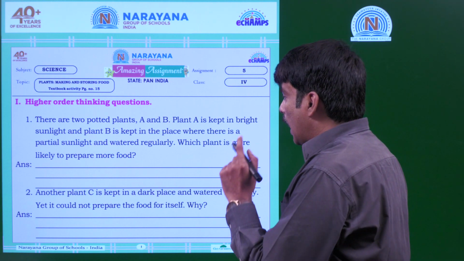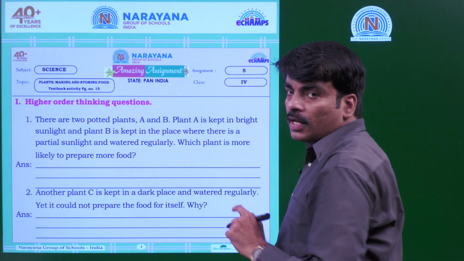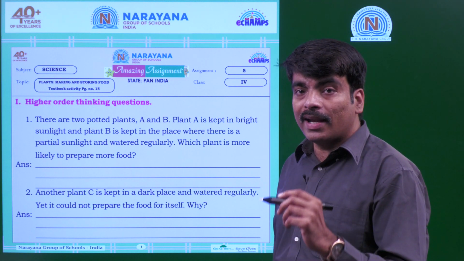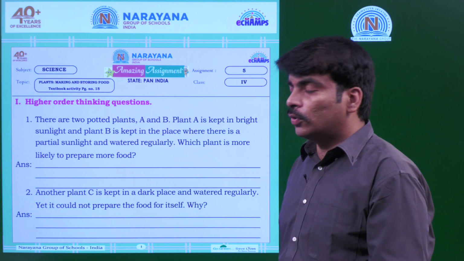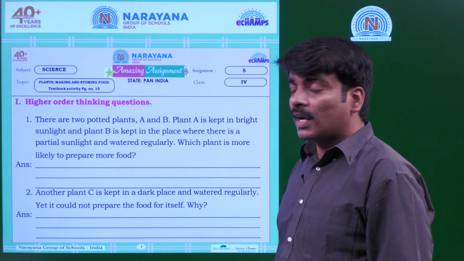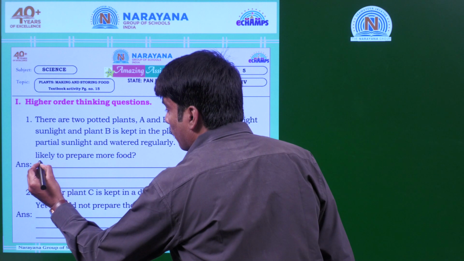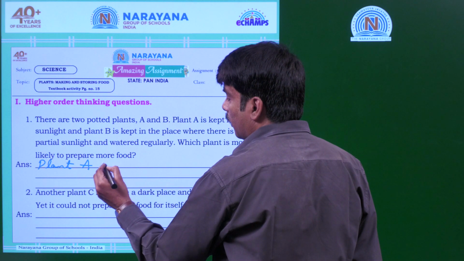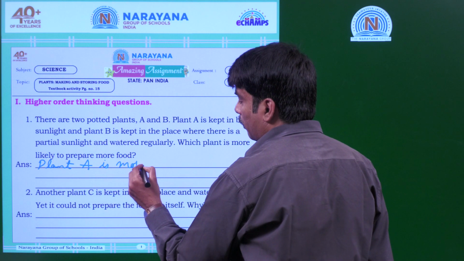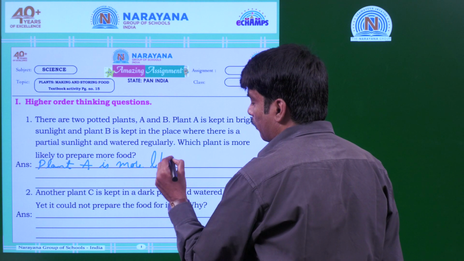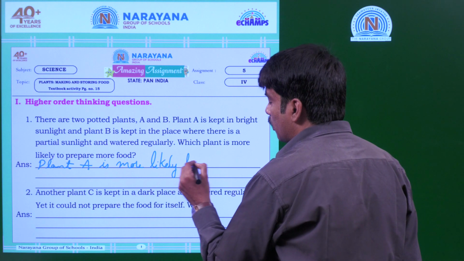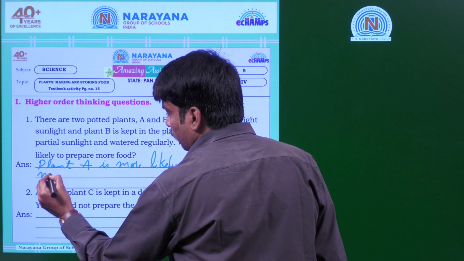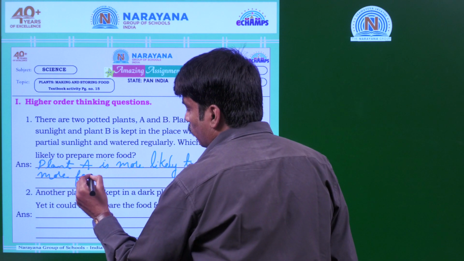Let us see. As the question says, plant A is kept in bright sunlight, and we know that the plant requires sunlight to prepare food. So plant A is likely to prepare more food. This is our answer. Plant A is more likely to prepare more food.